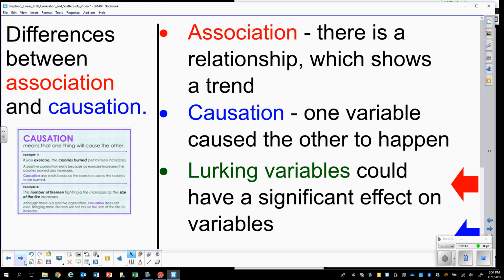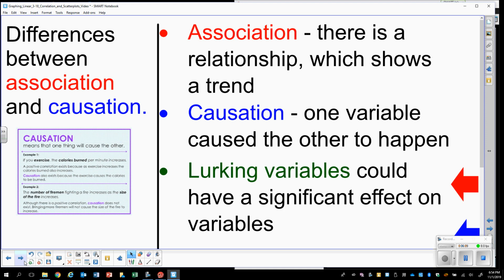Just want to revisit this idea of association versus causation one last time. Again, something that has an association or a correlation just means that there's a relationship and we see a trend. How strong that trend is or how weak that trend is, we want to make sure that we are looking at that closely so that we're not being misled. Causation, on the other hand, is saying that because this thing happened, it caused something else to happen.